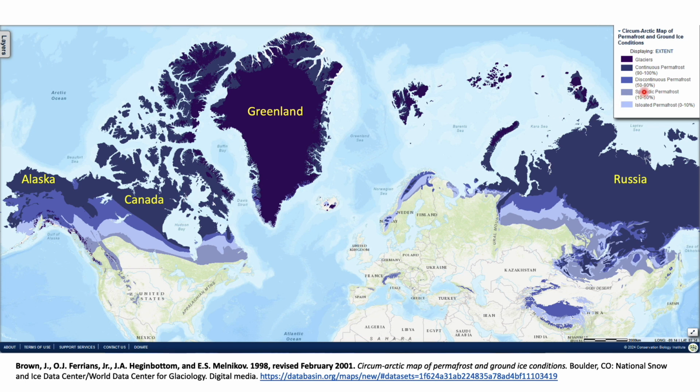Other areas are given as discontinuous permafrost, and then we also have very isolated permafrost in these regions. If you see the Himalayan region, there also we have some areas with permafrost. So if you look at it completely, the northern region has lots of permafrost.